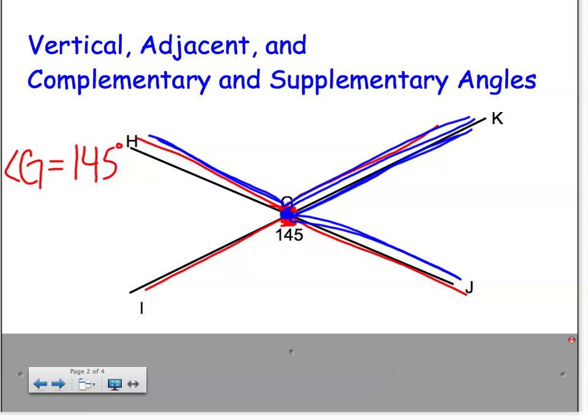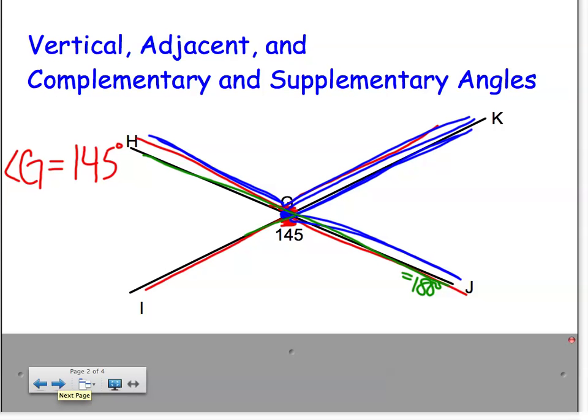All right? Now, complementary and supplementary angles are kind of tough to remember or keep straight. Complementary angles are going to add up to 90 degrees. Supplementary angles are going to add up to 180 degrees. So in this picture, we have a good example of a supplementary angle. Now tell me, a straight line is always equal to what? 180 degrees.